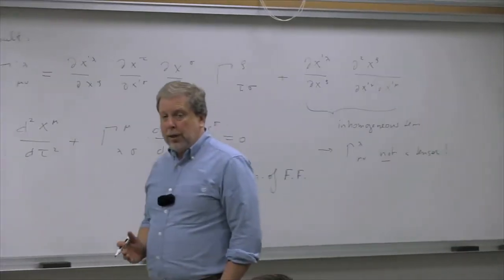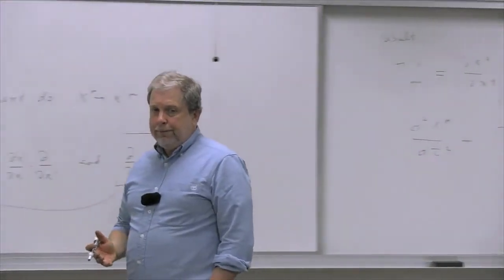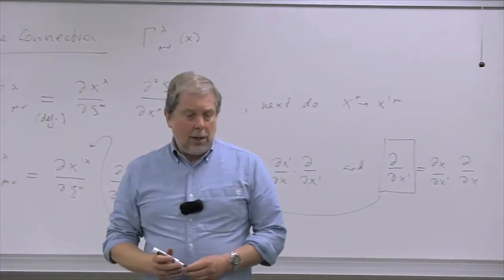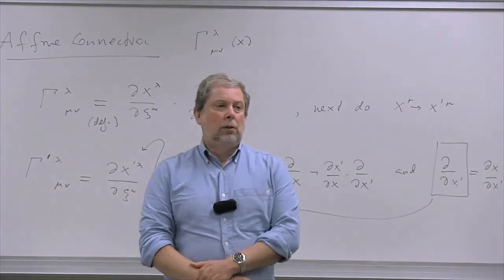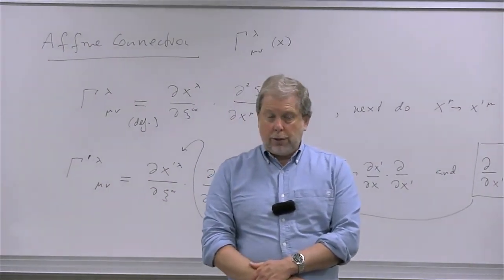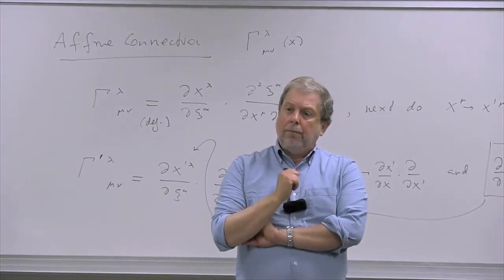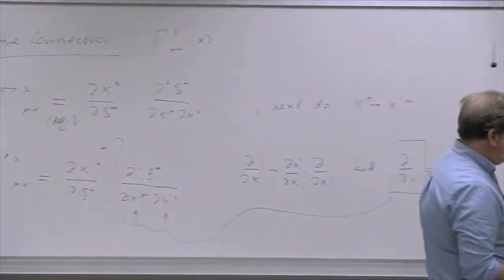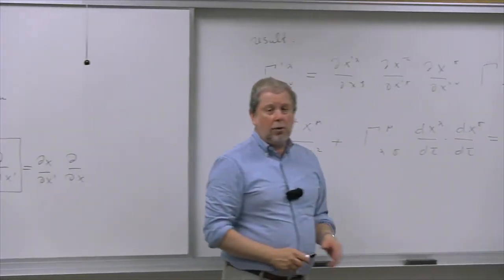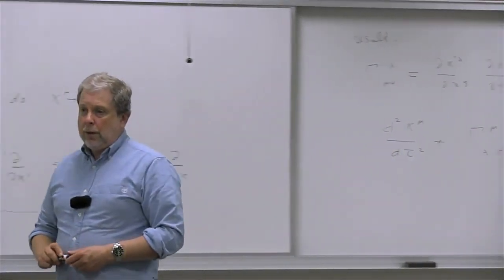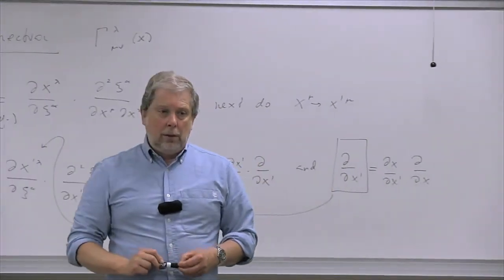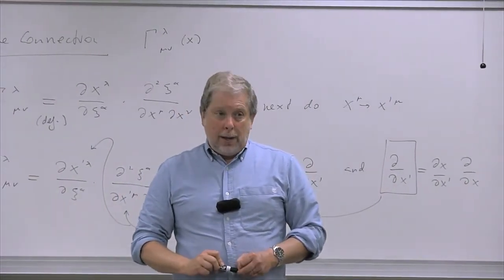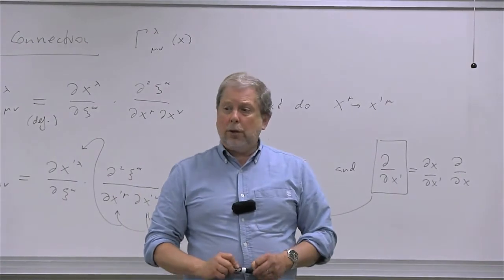The worry is that because Γ is not a tensor, that puts this equation in jeopardy. Why does it do that? Because this object here is not a tensor, so the concern is that the whole equation will not look the same in different coordinate systems.